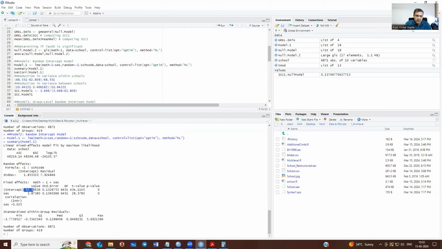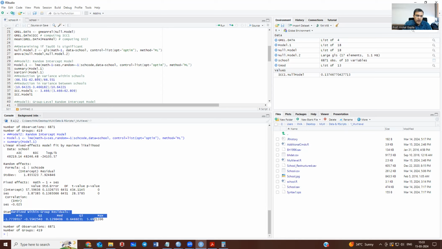So now the gamma 00 is 57.59 and the t value and the p value is given. Then you have SES, it is this much, and is it significant? It is highly significant. And then you get the residuals.